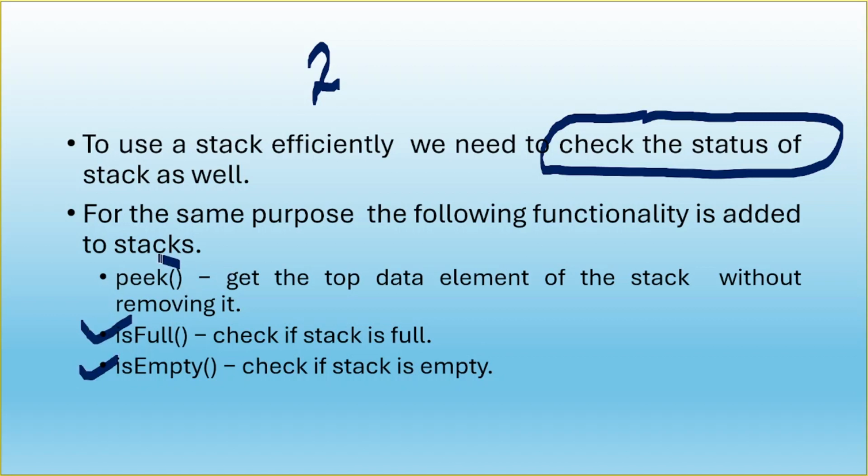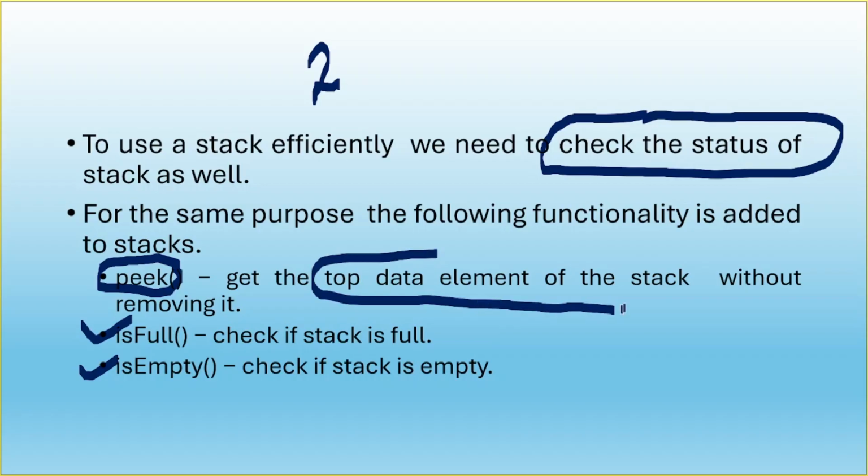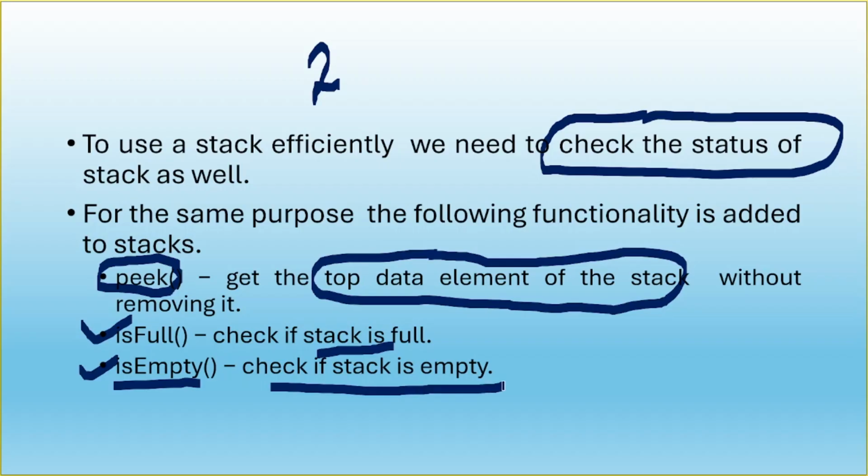Apart from that, we also perform peek operation. That operation gives the top data element of the stack without removing it. We don't want to remove the data element, but we want to see what is at the top of the stack. In that case, we can perform peek operation. And is full is to check whether stack is full, and is empty is to check if stack is empty.